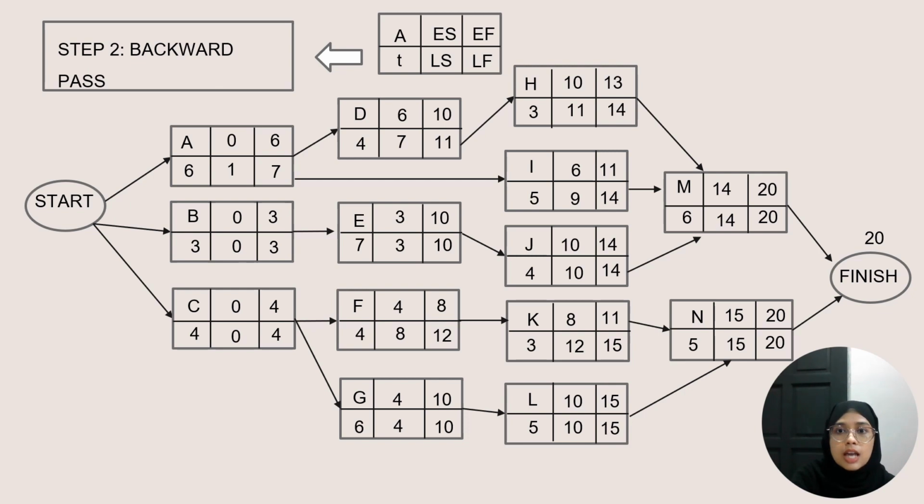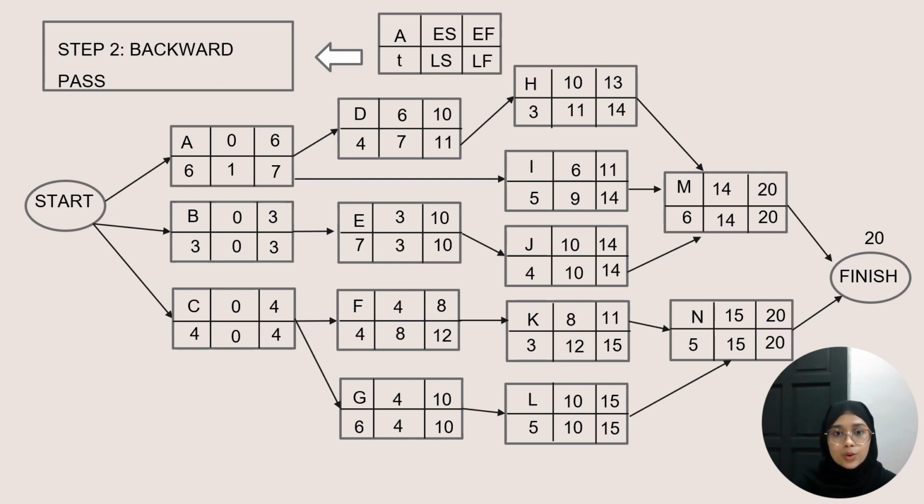In essence, when doing the backward pass, the latest finish time of an activity must be the minimum of the latest start times of its successors. Thus, the latest start time for C will be 4 minus 4 to give 0.